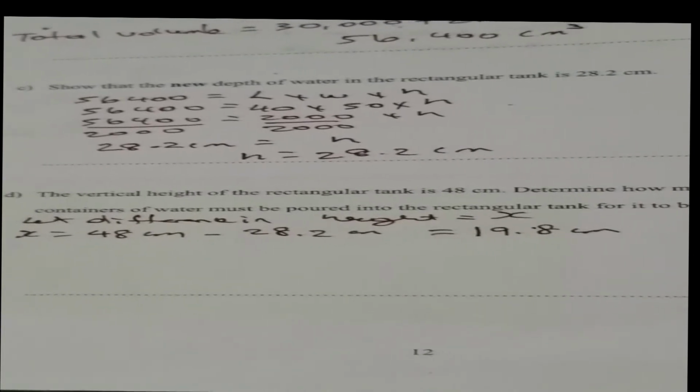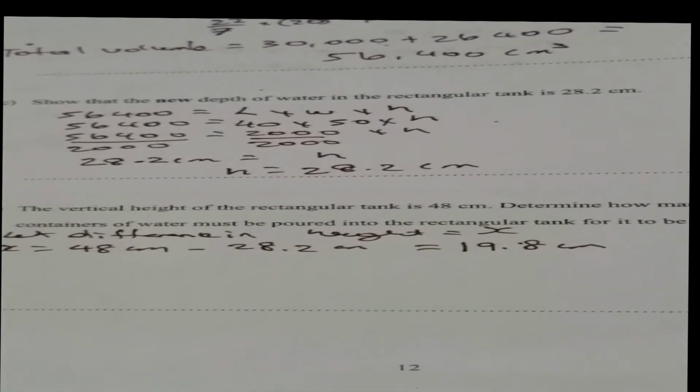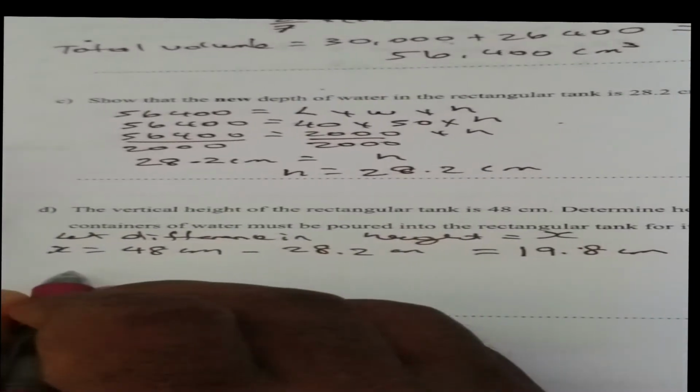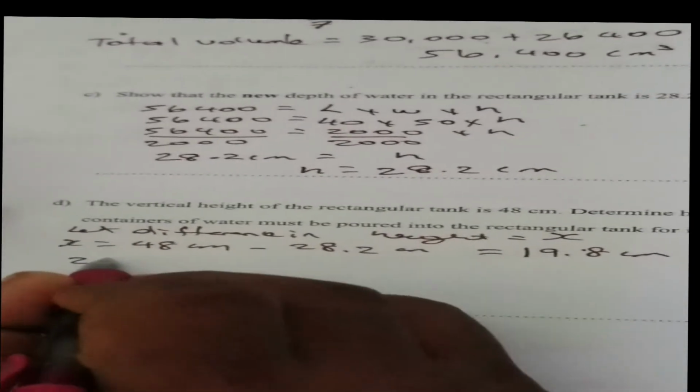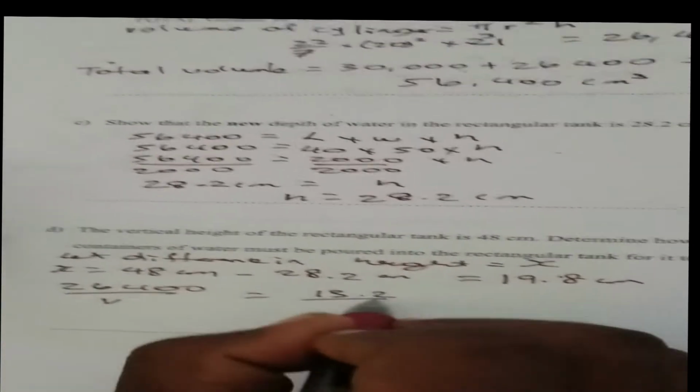Alright, so with that said, we know the volume of the cylinder gives an increase of 13.2 centimeters. So we're going to say 26,400 over the volume equals 13.2 times 19.8.